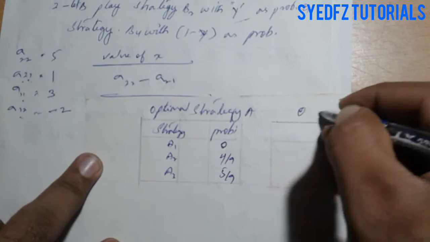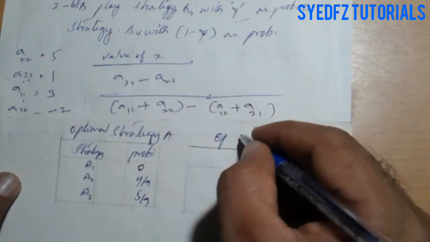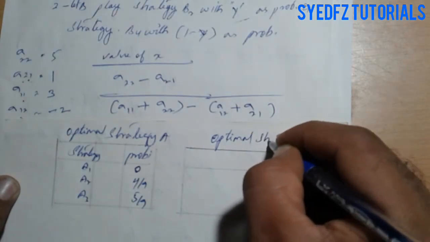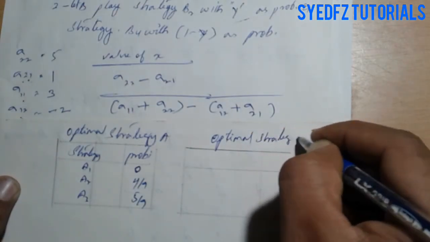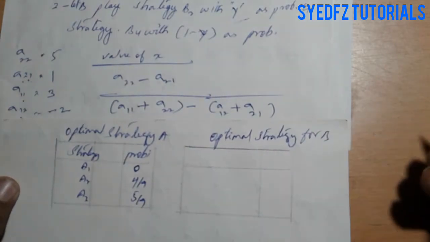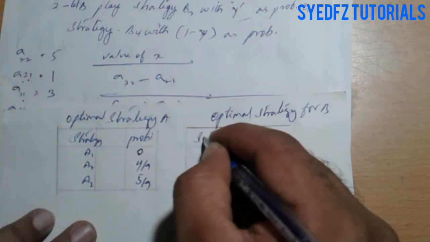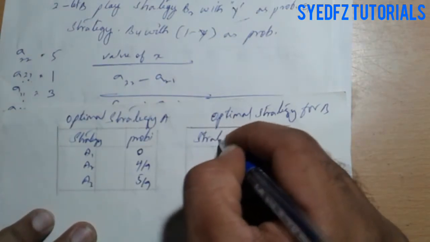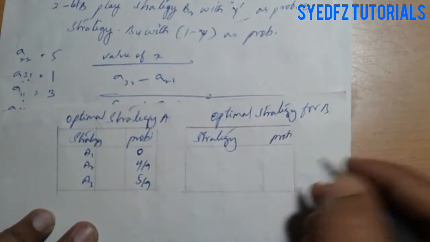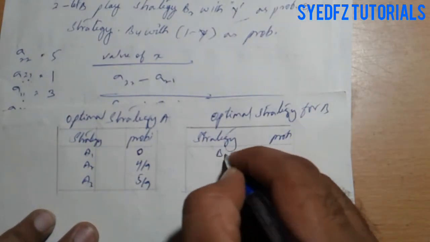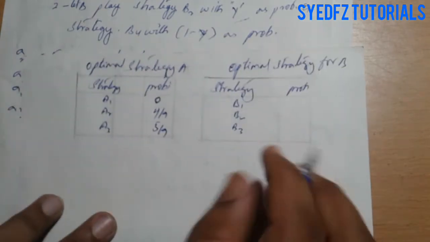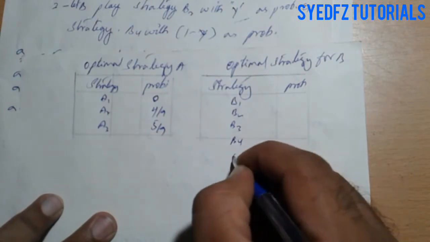Now calculate the optimal strategy for B. Here strategy, here probability, for B1, B2, B3, B4, B5.